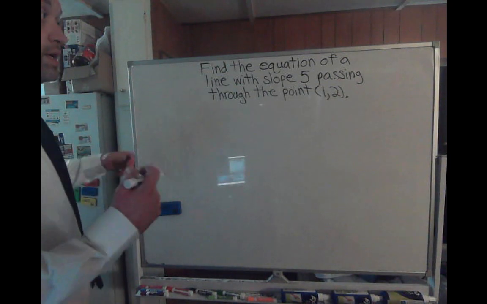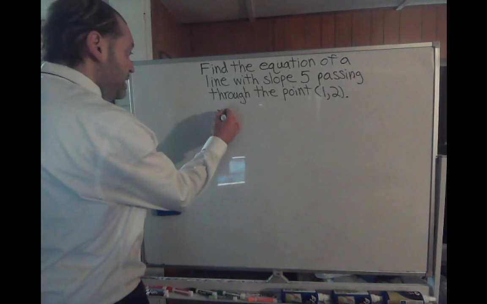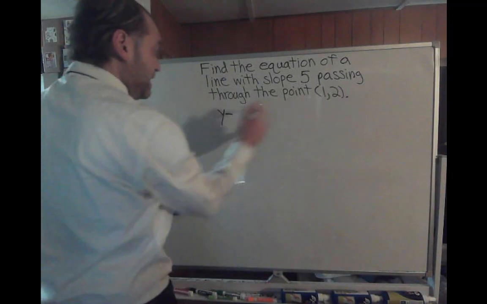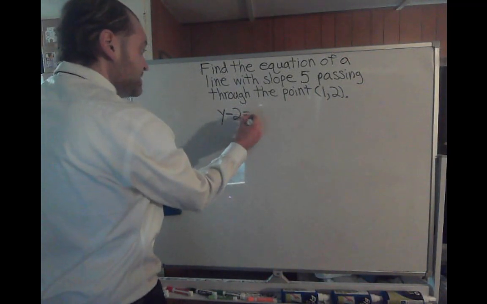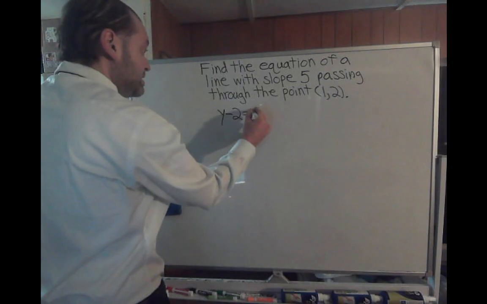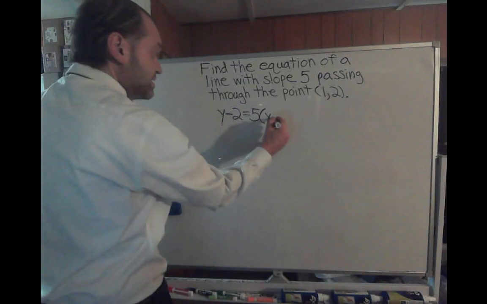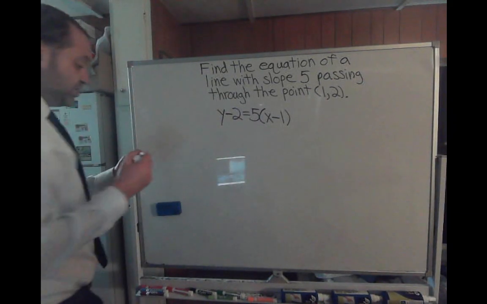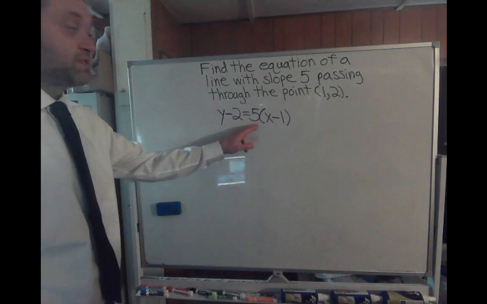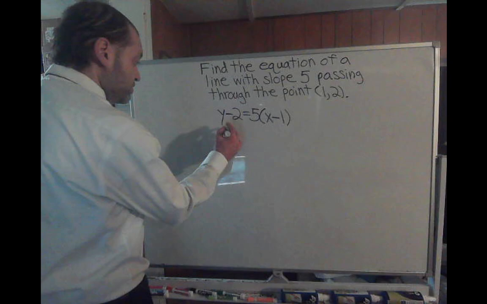What we can do then is take the point slope form of the formula, which would be y minus your y coordinate of that point it passes through of 2, set equal to your slope of 5 times the quantity of x minus the x coordinate of the point it passes through, which would be 1. So you start out with the equation in point slope form of y minus 2 equals 5 times the quantity of x minus 1. Then you just do your distributive property.